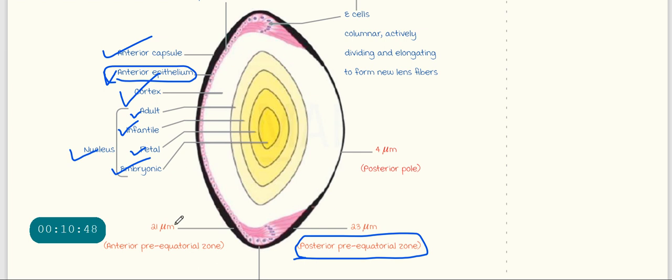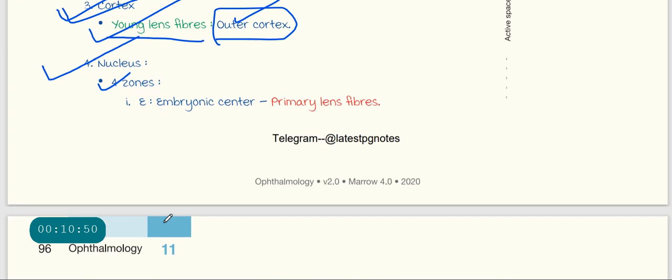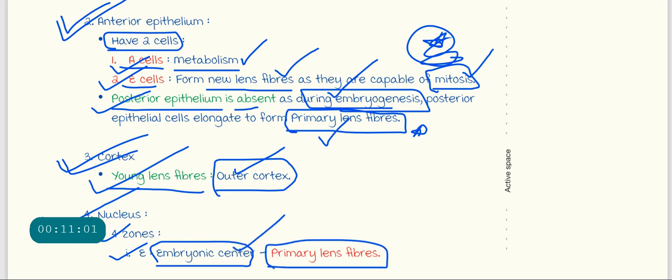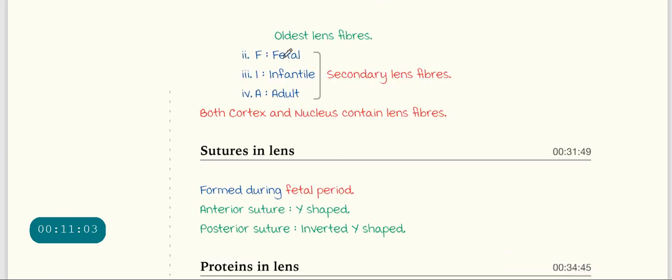Let us study the four zones. E is for the embryonic zone. The primary lens fibers are present in the embryonic center, and it is the oldest lens fiber because it is formed first. Now comes the fetal zone, then infant and adult.